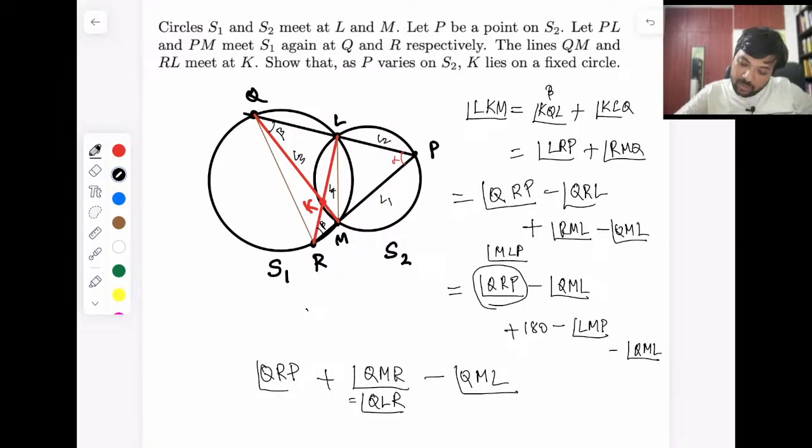LRP is also beta, and you don't need this. This is beta, we know it's already a fixed constant. RMQ is RML minus QML.